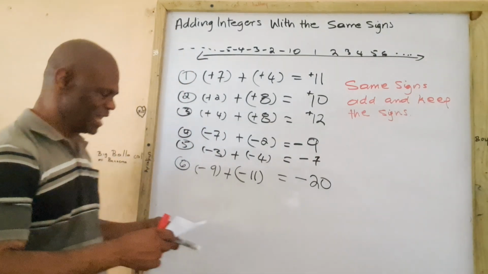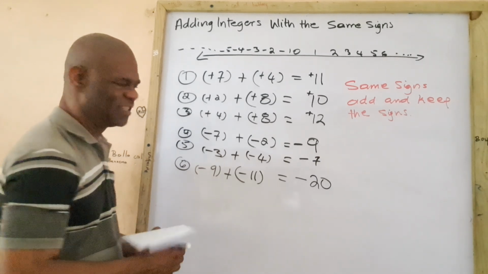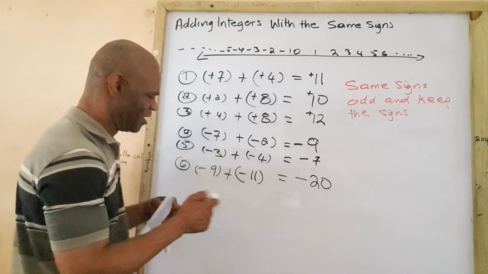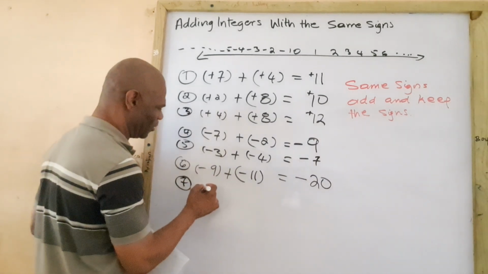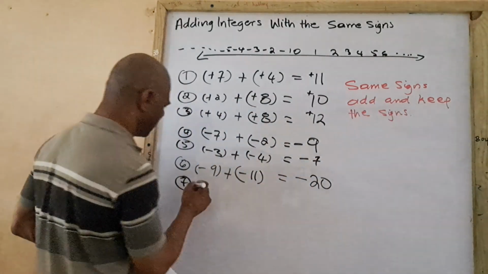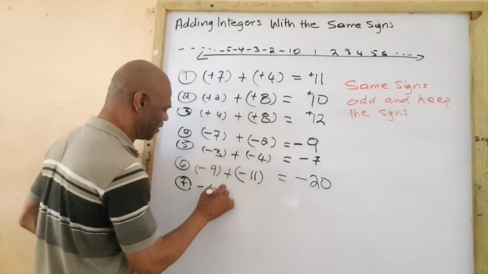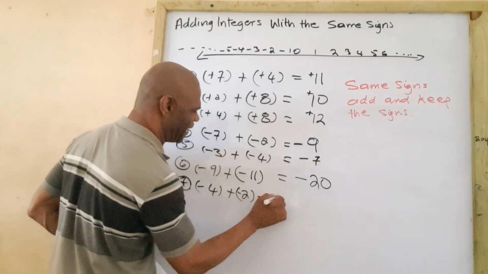Alright? Now let's just take that a little further and let's put some 3 digits there. Alright, so if we have, let's make it number 7. So let's create the top. Okay, that is good. So we have negative 4 plus negative 2 plus negative 5.